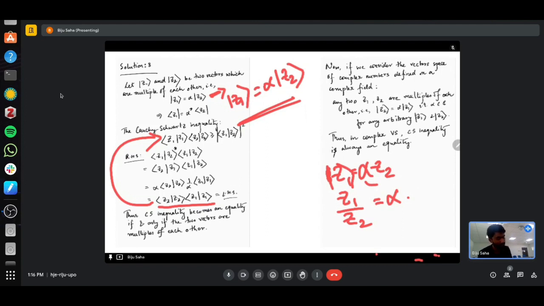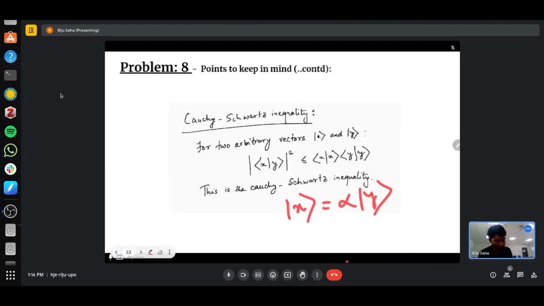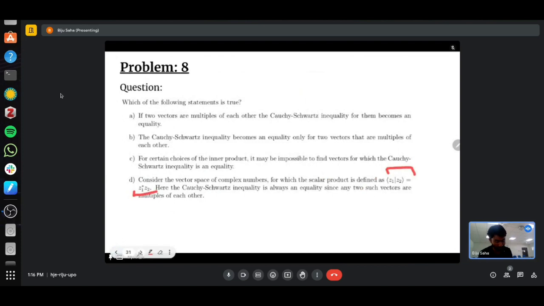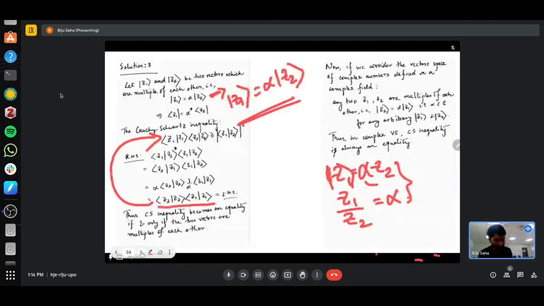With that freedom, since they can be expressed as multiples of each other, we can easily conclude from our previous analysis, yes, for the case of a complex vector space, the CS inequality is always an equality. So it is kind of a corollary from this particular observation that we made earlier.